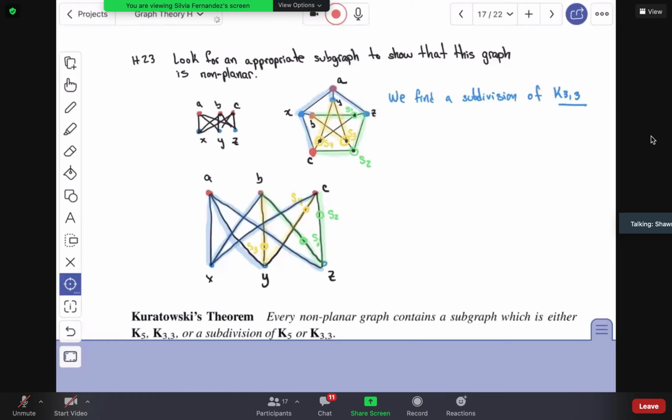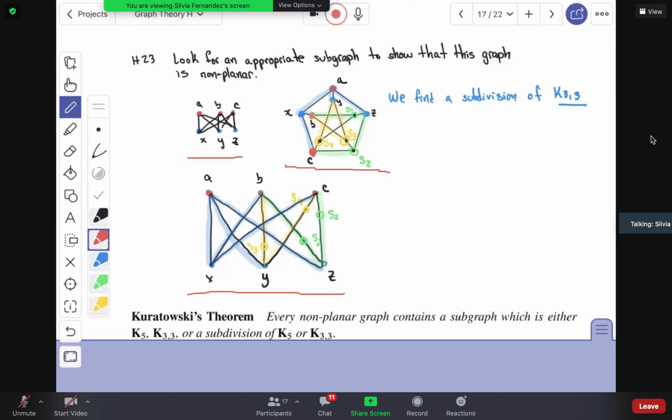So is this graph a subdivision of this graph or something? So this is K33. This is a subdivision of K33. Okay, because they look like the same graph between those two. Exactly.